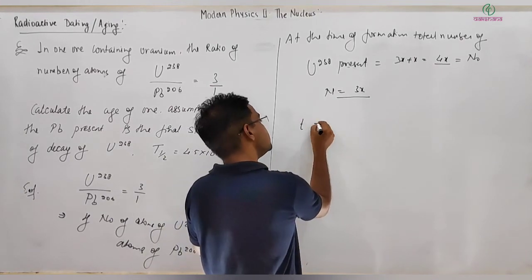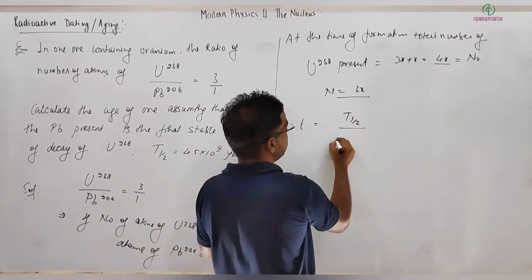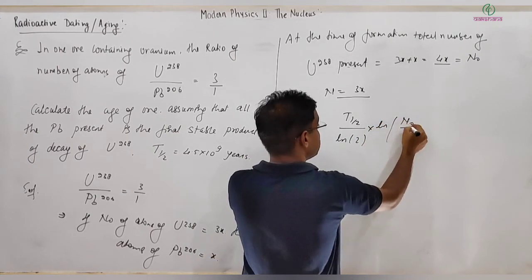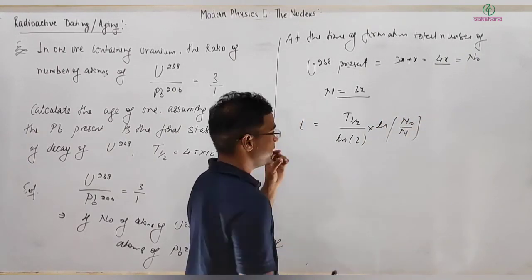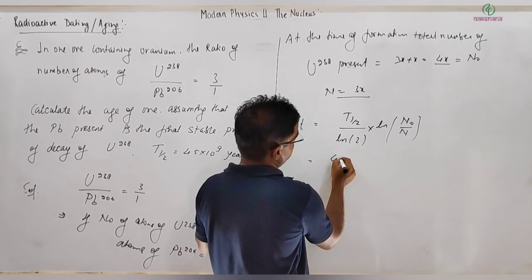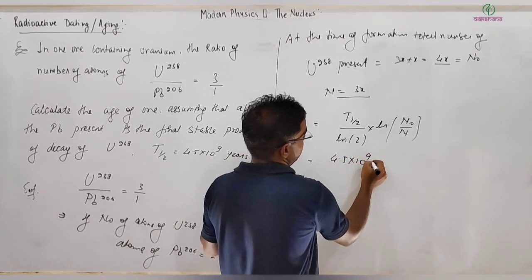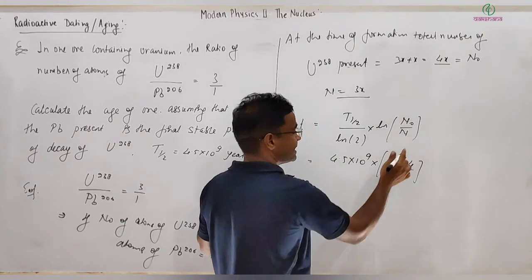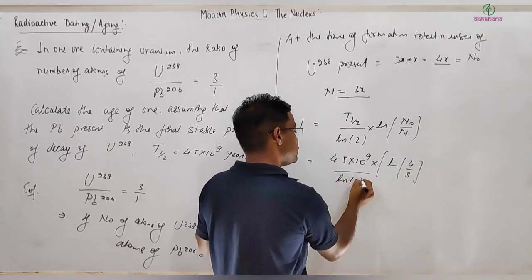Then we can use the relation t is equal to T half divided by ln 2, multiplied by ln of N naught divided by N. T half is 4.5 times 10 to the power 9, multiplied by ln 4 by 3, where x gets cancelled, divided by ln 2.